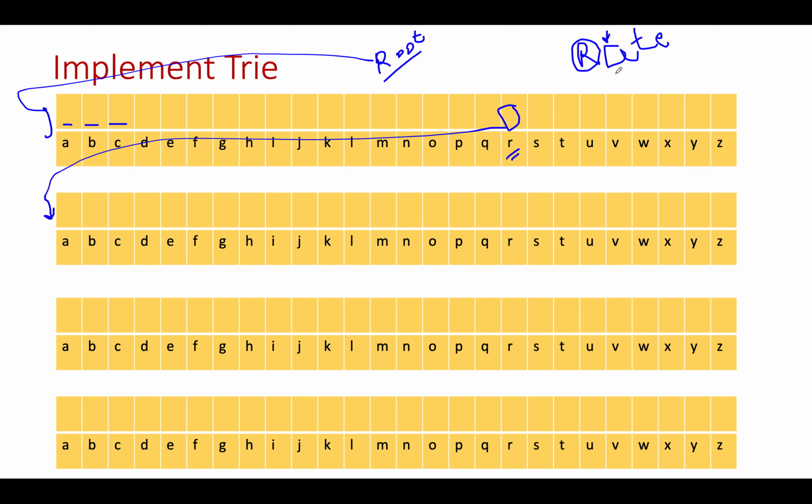And let's continue the process. Next we see is an A. So what you're gonna do, you'll go and check what is the A-th character in your node that is pointed from R. So in that node it's empty. So you'll go and create a new node, and let's continue the process.